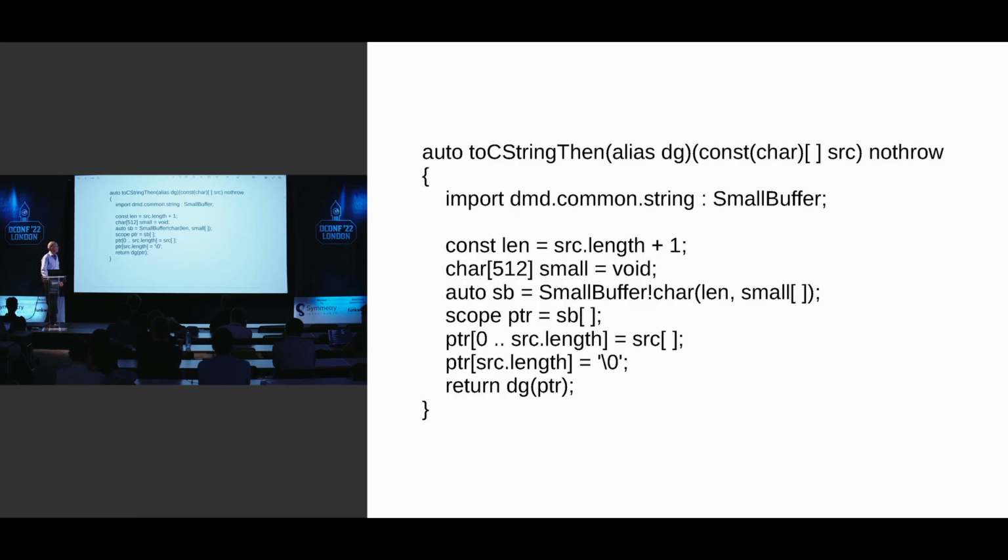You'll notice that the buffer has a size of 512. That's how much you get on the stack, which, 512 ought to be enough for anyone. But that's why it's a small buffer. A small buffer will allocate and free its own memory if it exceeds the buffer size.